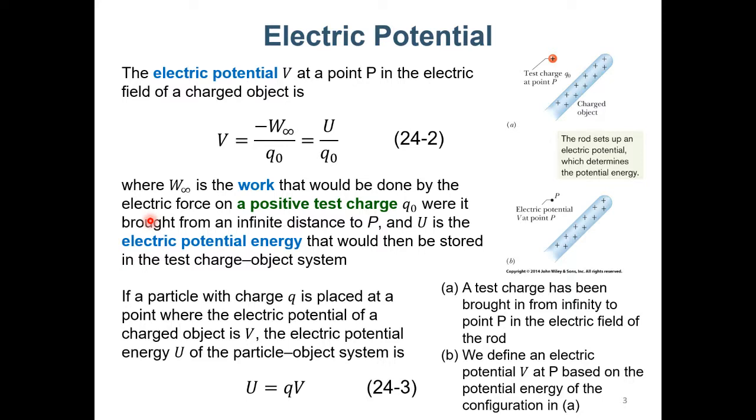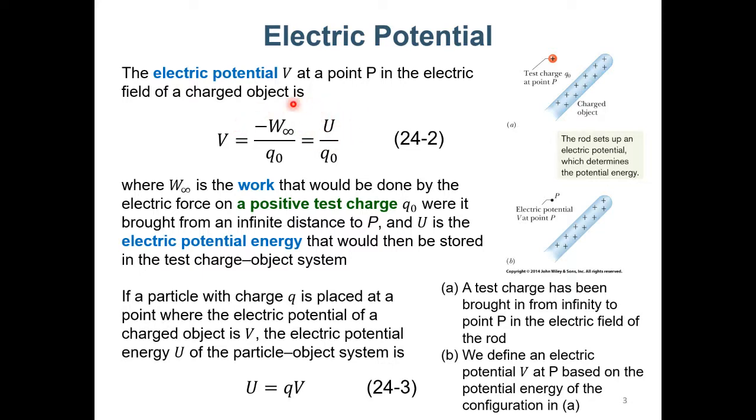There is a negative sign, but this is very annoying. But when you learn physics, you need to make it clear. This is the work done by the electric field, and U will be the electric potential energy.